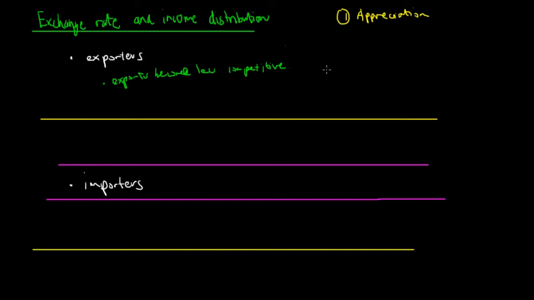So another working example we'll look at is, say, wheat. If the exchange rate between Australia and China is 1 AUD to 5 RMB initially, then the Australian dollar appreciates to 1 AUD to 10 RMB, for example.